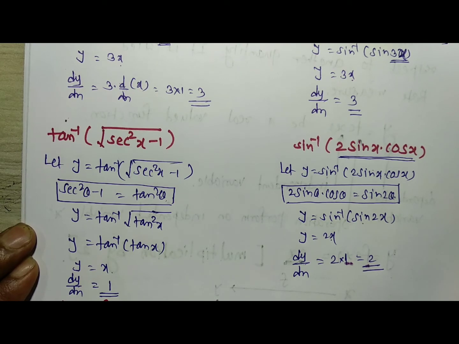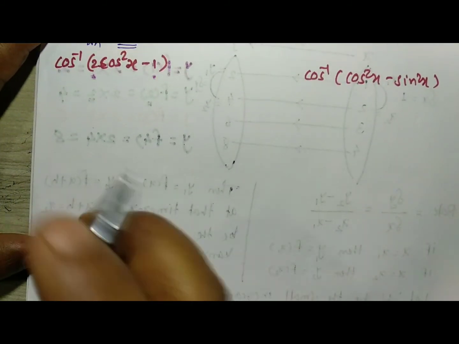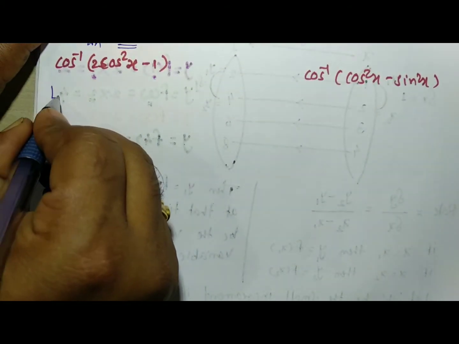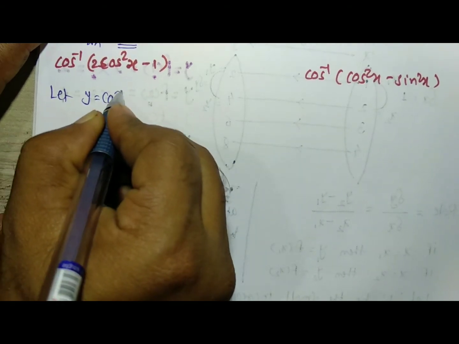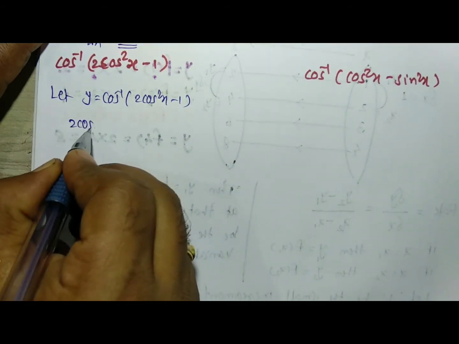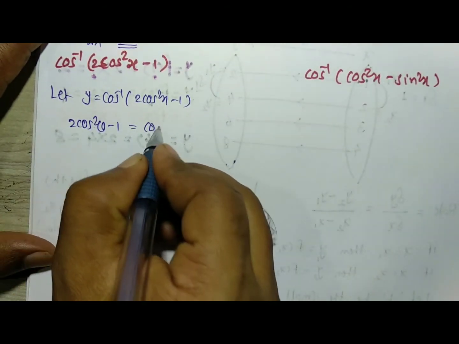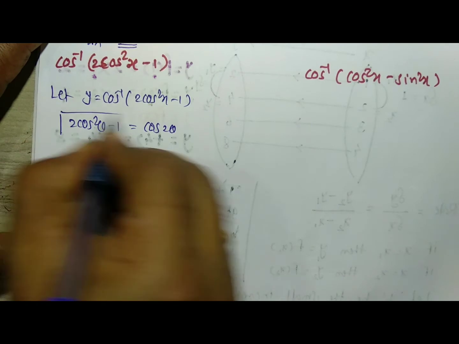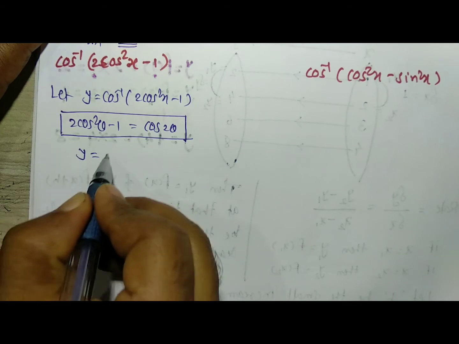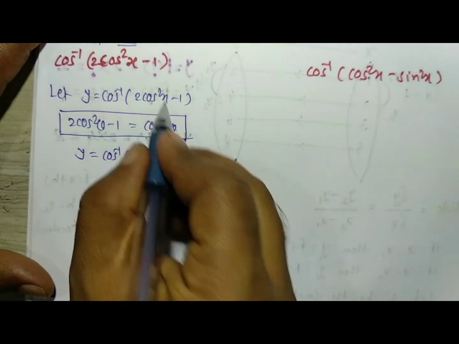And those are the derivatives obtained by using the standard formulas. Similarly, you will get another one: cos inverse of 2 cos square x minus 1. Once again let y is equal to cos inverse of 2 cos square x minus 1. 2 cos square theta minus 1 is one formula related to cos 2 theta, and by using this formula, y is equal to cos inverse cos 2x, because theta is replaced by x.